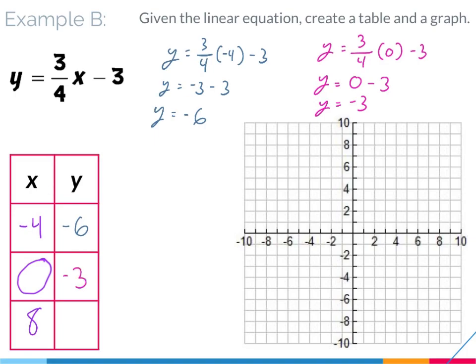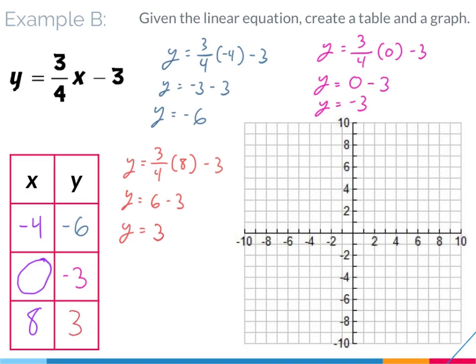Now the last number that we need to plug in here is going to be our 8. So again, we've got y equals 3/4, again, parentheses, +8, minus 3. When I do 3/4 times 8, I get 6, so y is equal to 6 minus 3. Then I just have to do y equals 6 minus 3. 6 minus 3 is 3, so I'm going to end up with 3 as my final point.